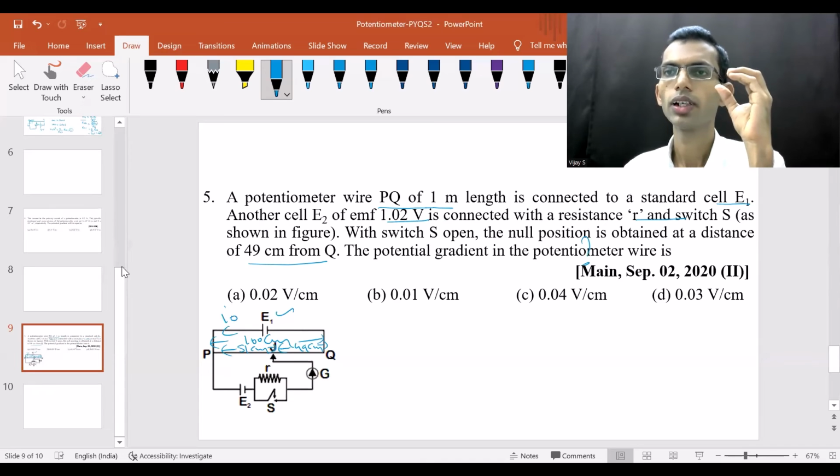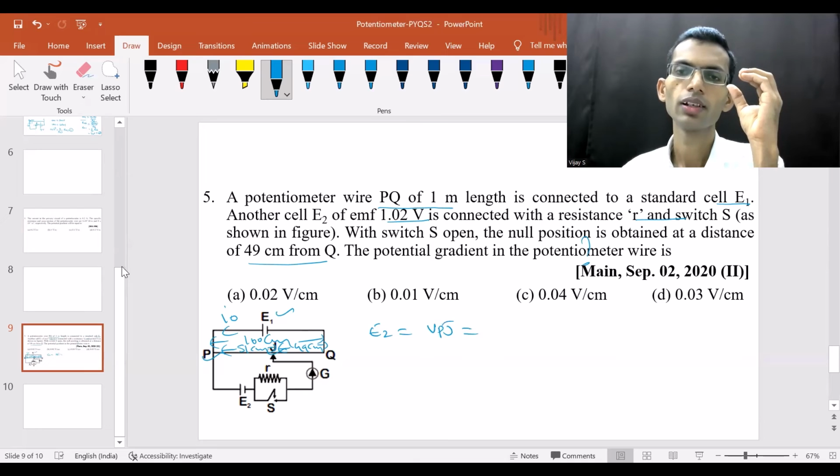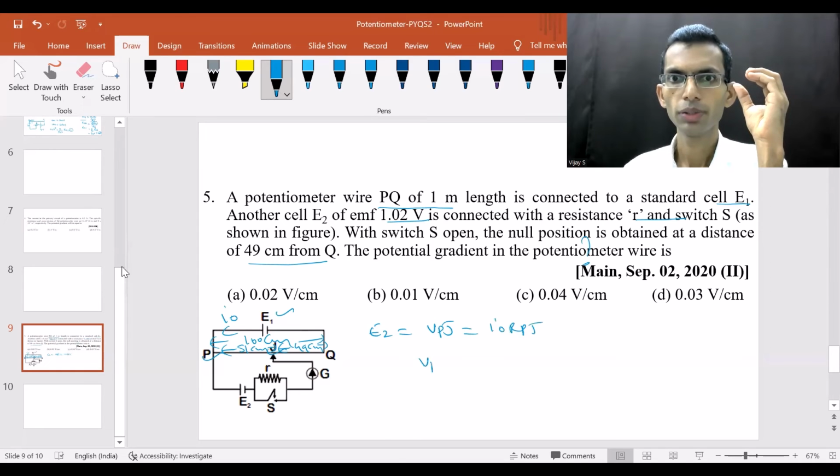We know that at balance, the cell EMF becomes equal to the potential difference between junction P and J. So VPJ is equal to what? From Ohm's law, I0 into RPJ. So VPJ is equal to I0 RPJ. RPJ is rho LPJ by A dash.